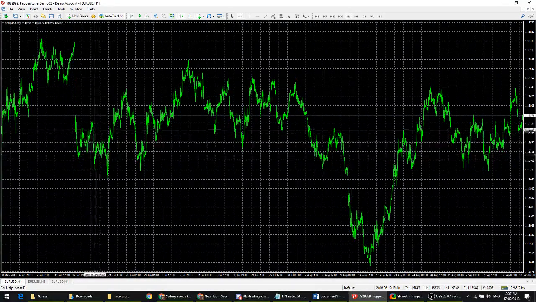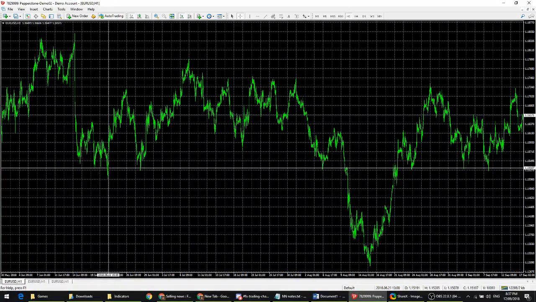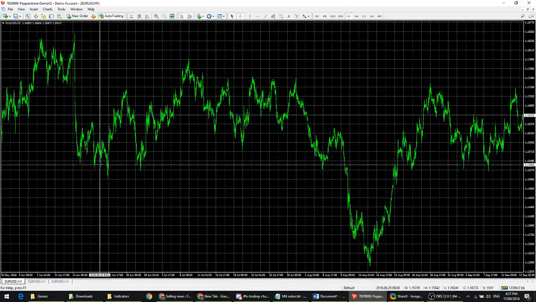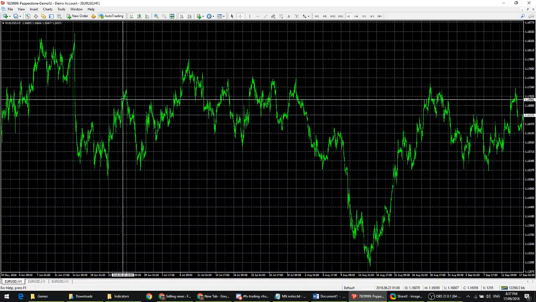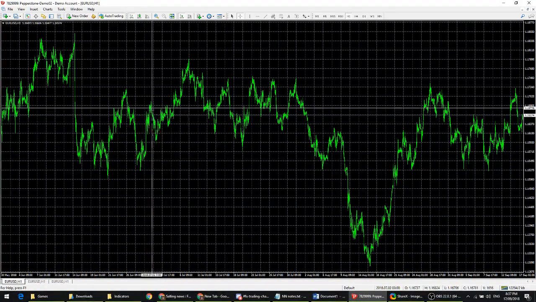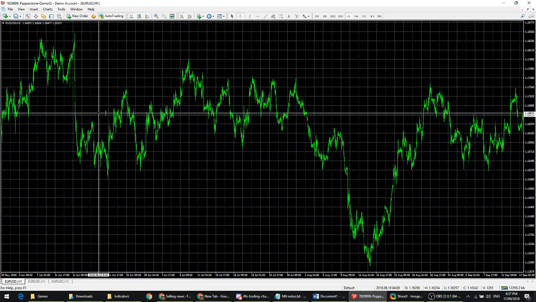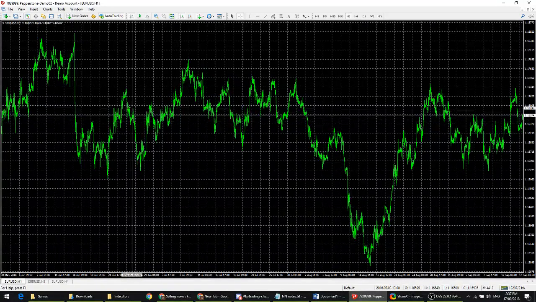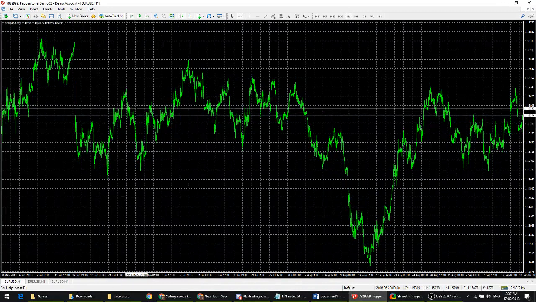So it's come down here a few times, and there's been buyers, so it hasn't gone any lower, and then up it came above here, and then back down to support again, back up, and then we could say there was resistance somewhere through here, but it wasn't particularly strong.